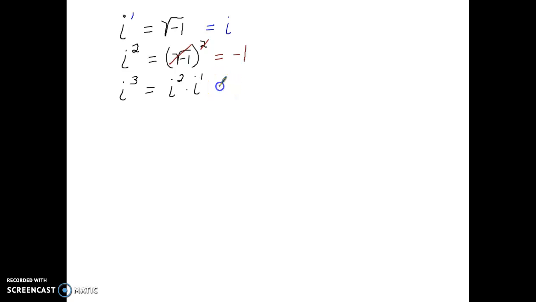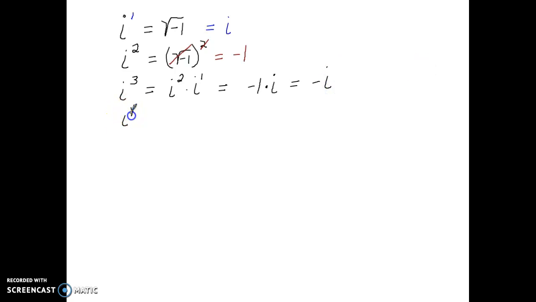Now I can replace each one of those. Since i squared equals -1, I can replace it with that, and i to the first power just equals i. So my simplified version is that i to the third power equals -i.